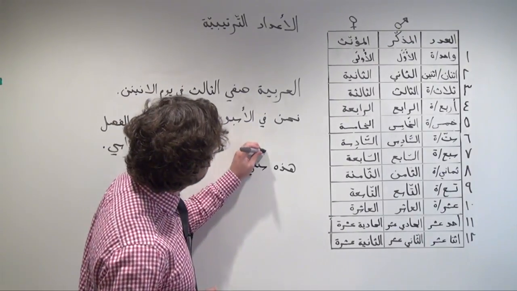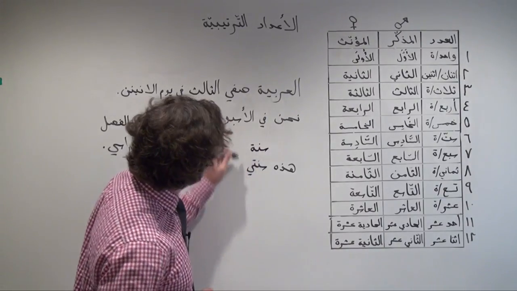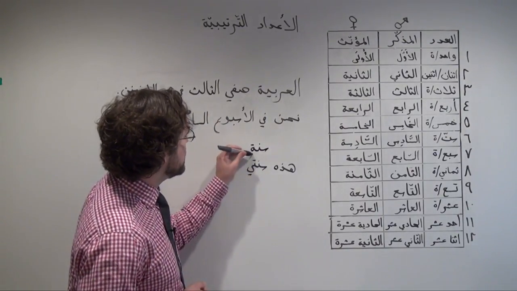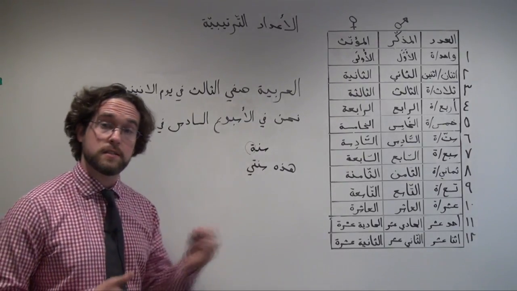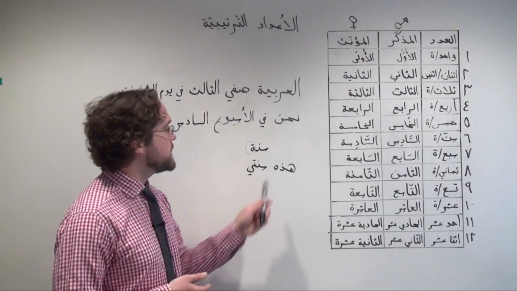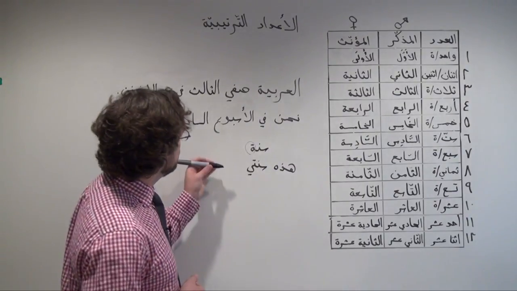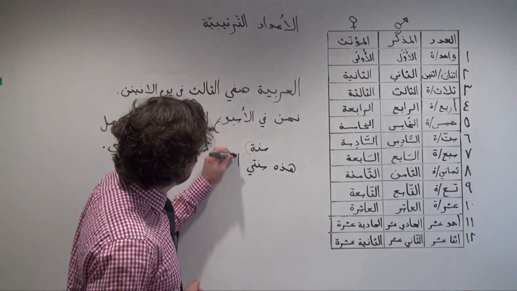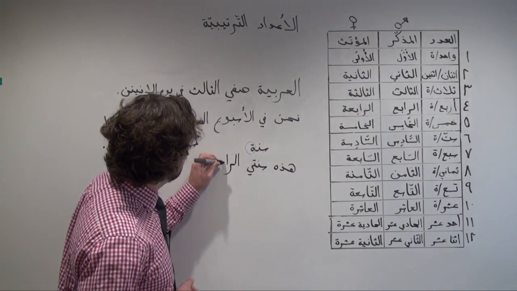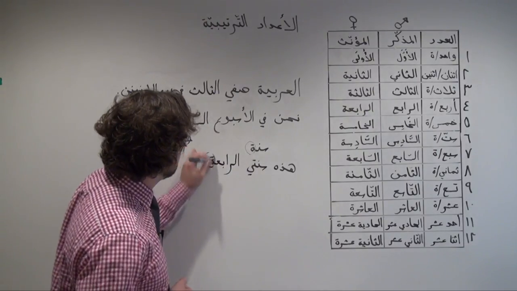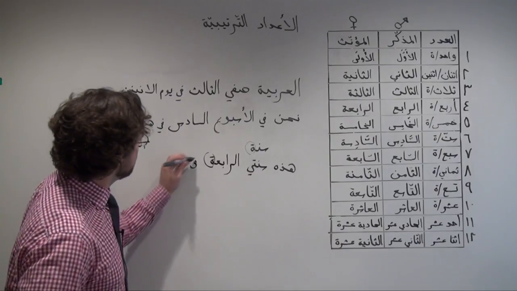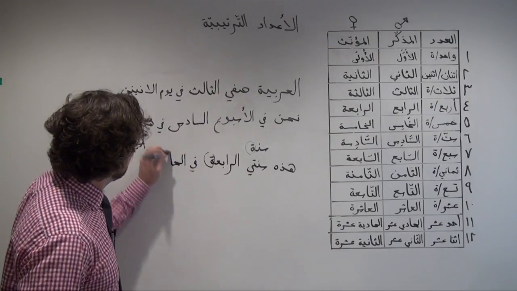Right, سنة, we remember, is a word that has a ta marbuta at the end, so it's grammatically feminine. We're going to need to have it agree. So if we're describing it as a 4th year, we would have to say سنتي الرابعة with the ta marbuta في الجامعة.